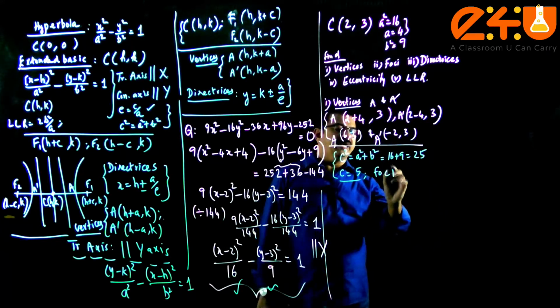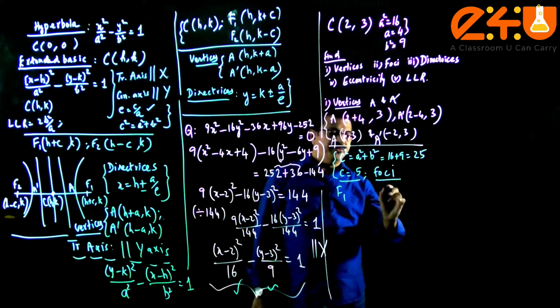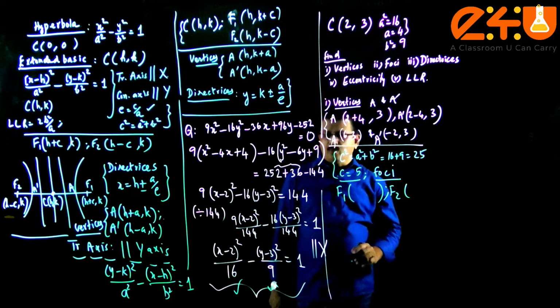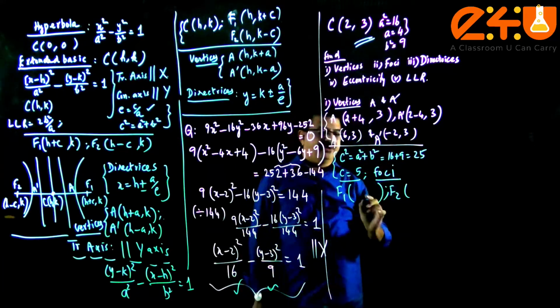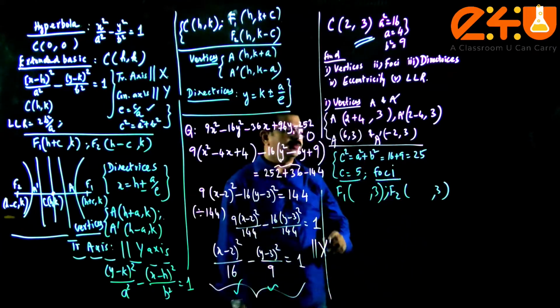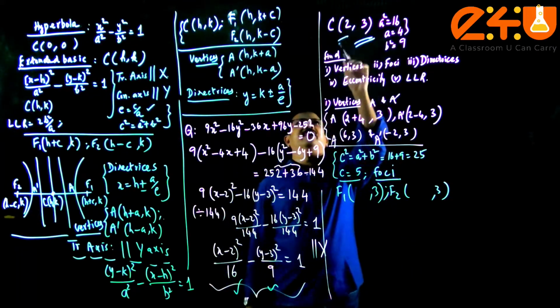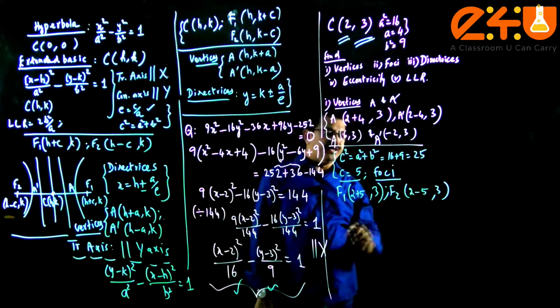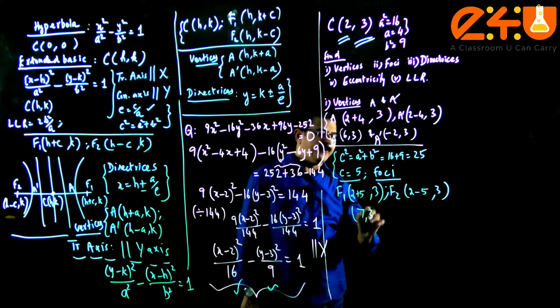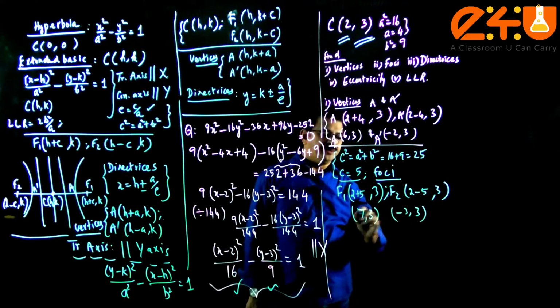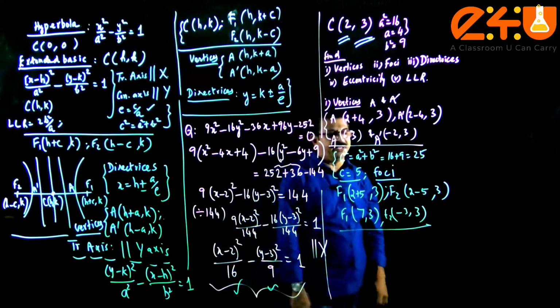Okay, so the foci F1 and F2. The y coordinate 3 will remain unchanged. So what you will do is modify the x coordinate 2. So it will be 2 plus 5 and 2 minus 5. In other words, it will be (7, 3) and (negative 3, 3). So these are the foci.